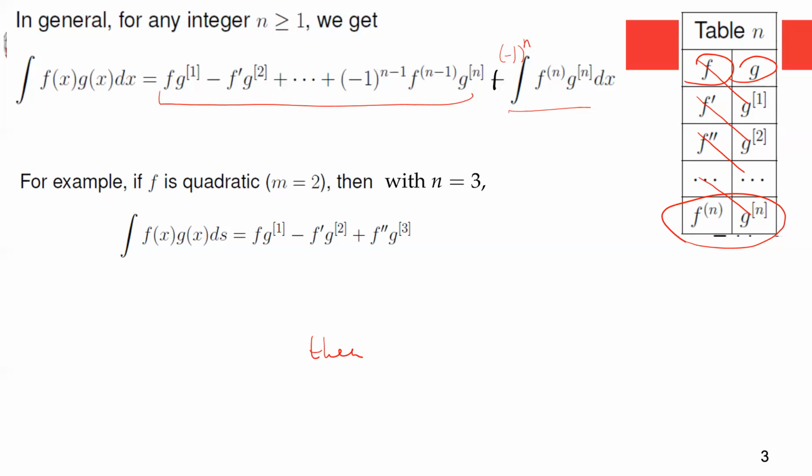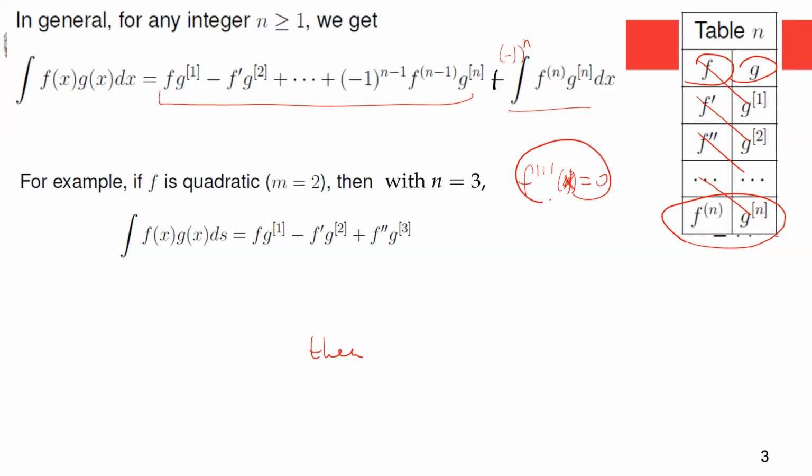That means we use integration by parts 3 times. And notice that the last term, we know that the third derivative is 0 if f is quadratic.